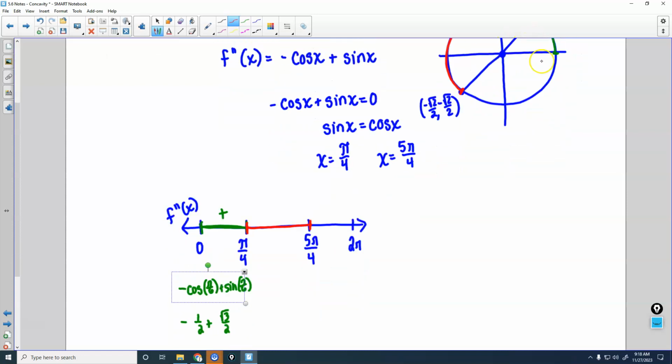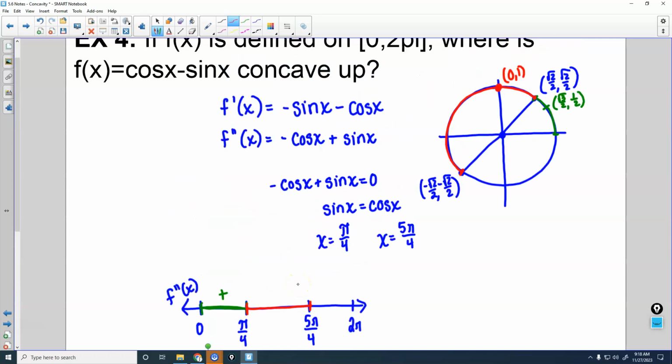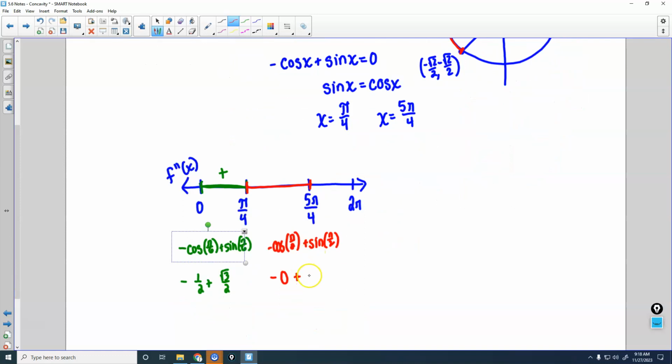So if we just use pi over 2, negative cosine of pi over 2 plus sine of pi over 2, I will get negative 0. Is that right? Cosine is your x-coordinate, yeah. Negative 0 plus 1. What do I get there? Positive.